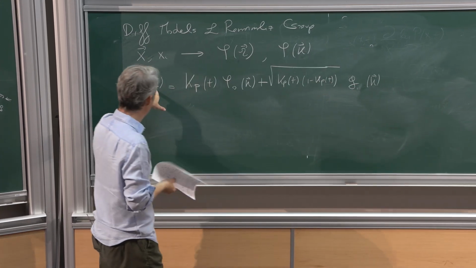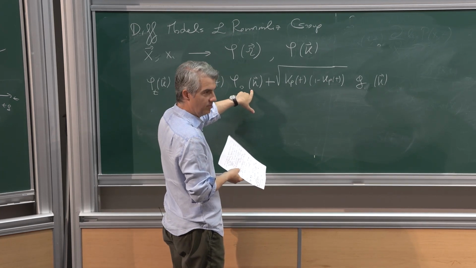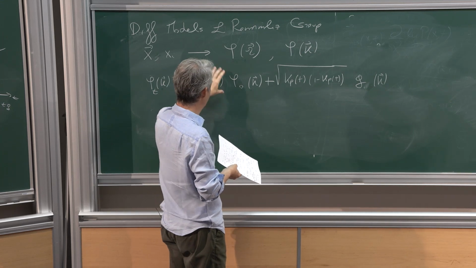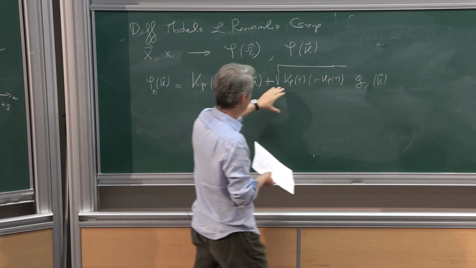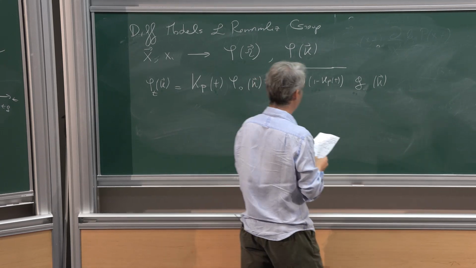So for each Fourier component of the field, I do a linear interpolation between the original component times a constant, which in principle depends on p and t but is not stochastic, and then this term times g. Now what is this k_p(t)?